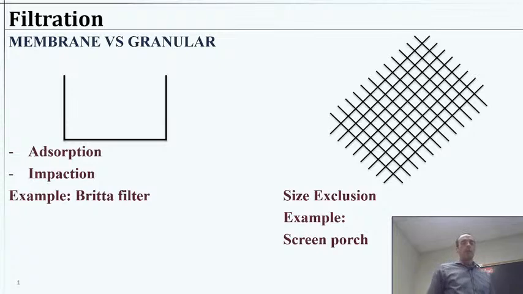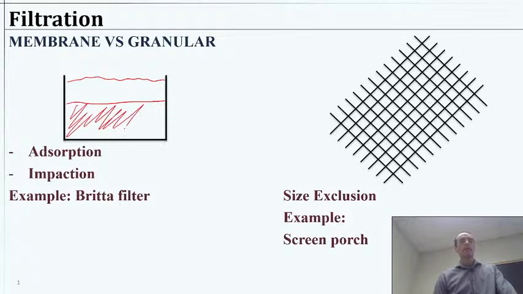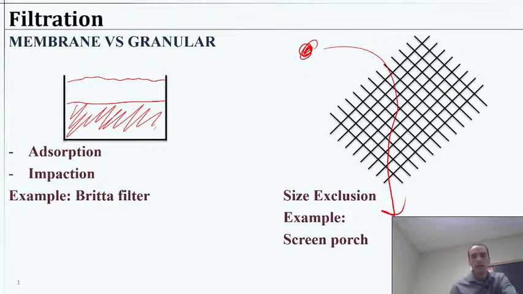So last time when we were doing granular filtration, we said that was filtration through some bed of sand, and it's not exactly size exclusion. There's a lot of little processes going on, whereas our membranes are going to be some kind of size exclusion process where we have some particles in our water that's flowing through a membrane, and then they get stuck and repelled.